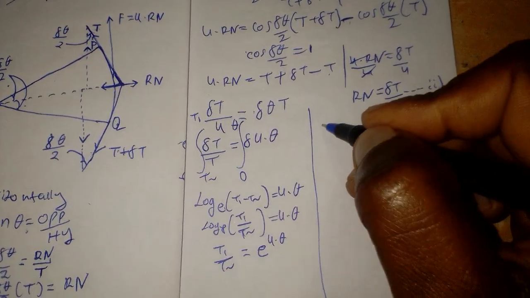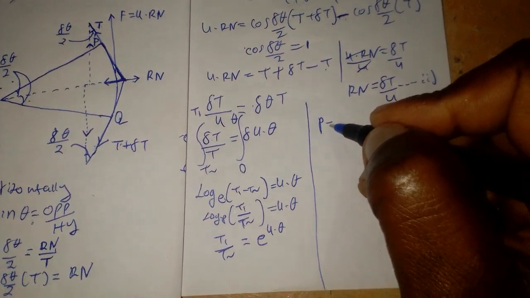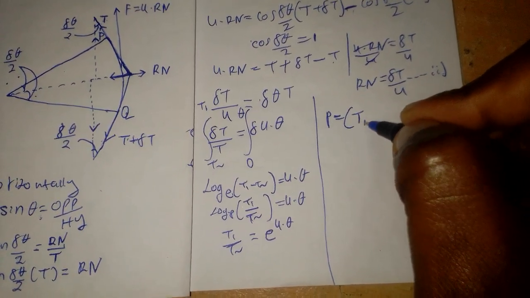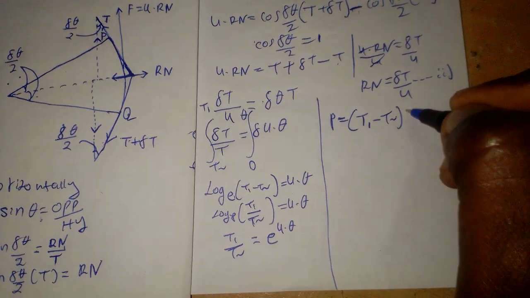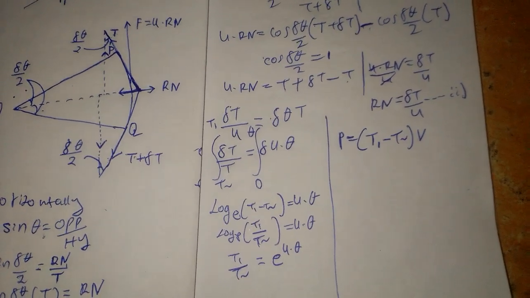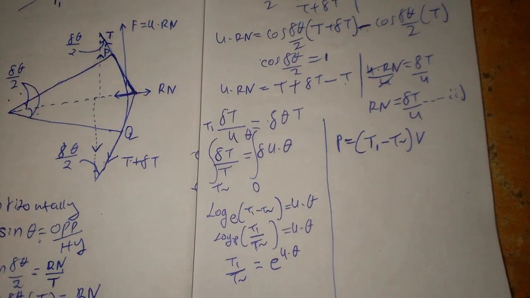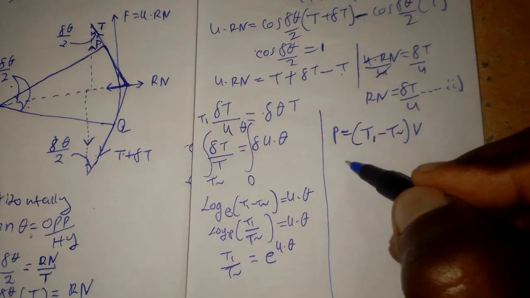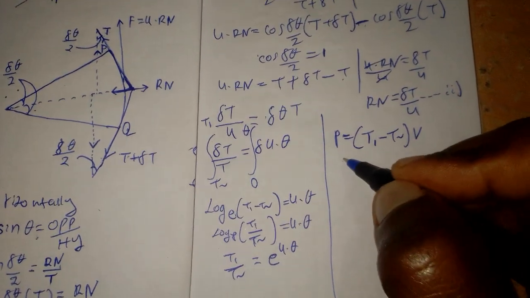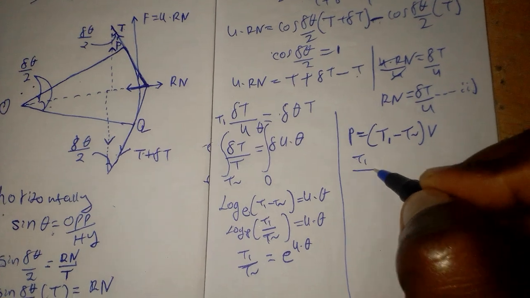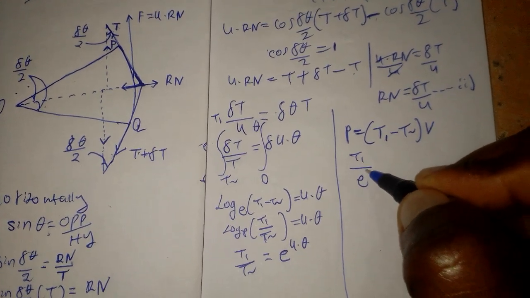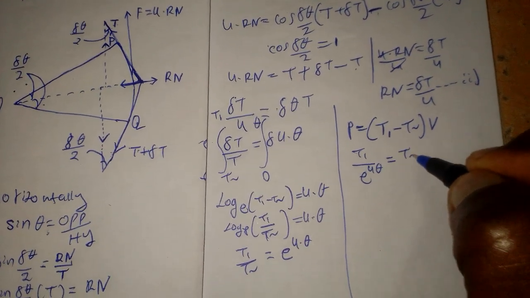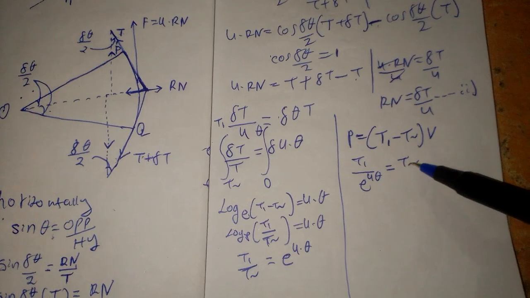Now we know that power is equal to t1 minus t2 times speed or velocity. We know that power is equal to this one. Now this equation can be written as t1 over e raised to mu theta is equal to t2. Now we replace t2 here.